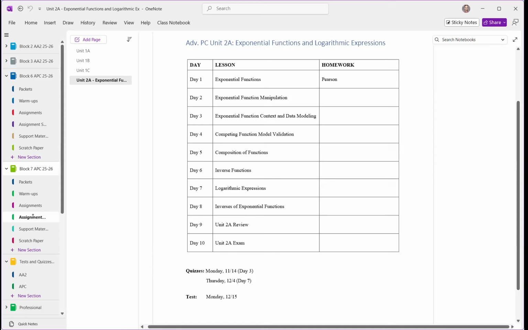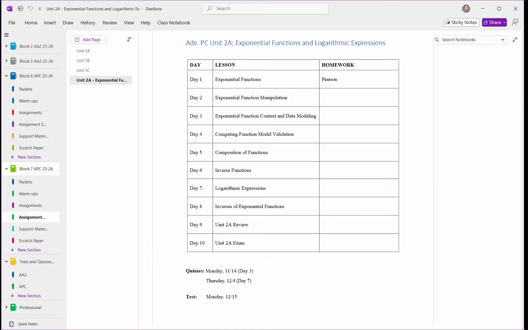This is the packet, and this is Pearson. Sorry to be all over the place with the homework, by the way. Both of these are the packet. We've only had one Pearson. 2.6 is a composition with Pearson.